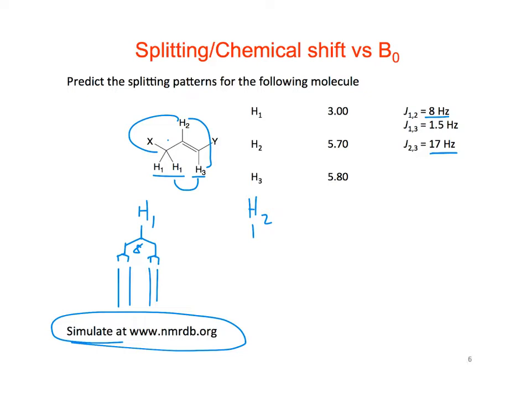Doublet of triplets, right? Because we have a big coupling, the 17 hertz, so we got a really big 17, and then we have 8 hertz. So half of that, 8 is going to be somewhere in here. 8 and 8. Oh, but one of them should be a triplet, shouldn't it?